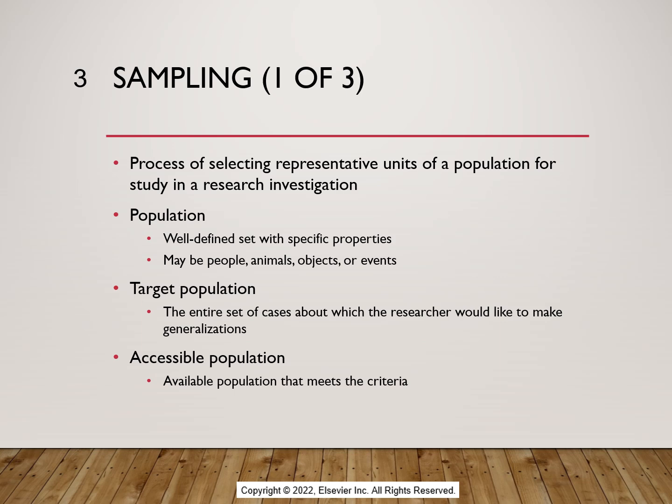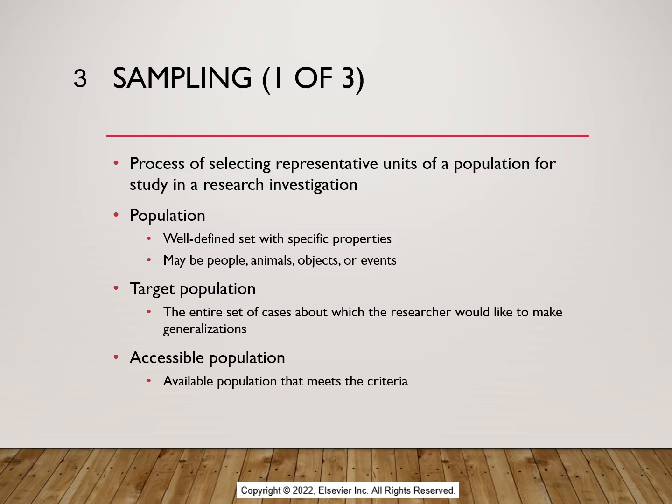Understand that the population is every person, everything that belongs in that set. It could be people or animals, objects. The target population is the set of cases to which the researcher would like to make generalizations. So maybe it's people in a specific area.